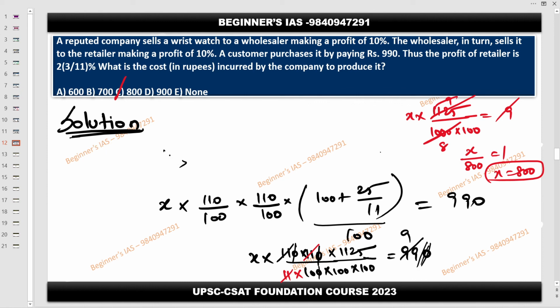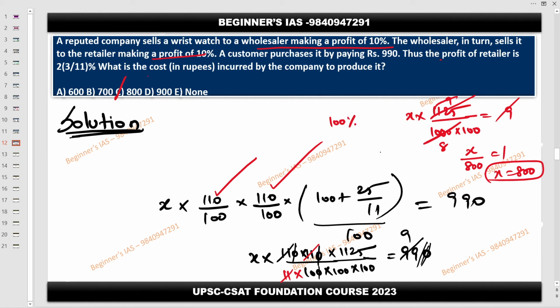Okay, fine. So read the question now. First one is the wholesaler making a profit of 10%. This is for the wholesaler. Retailer making a profit of 10%. Then this much of amount is nothing but 100%.